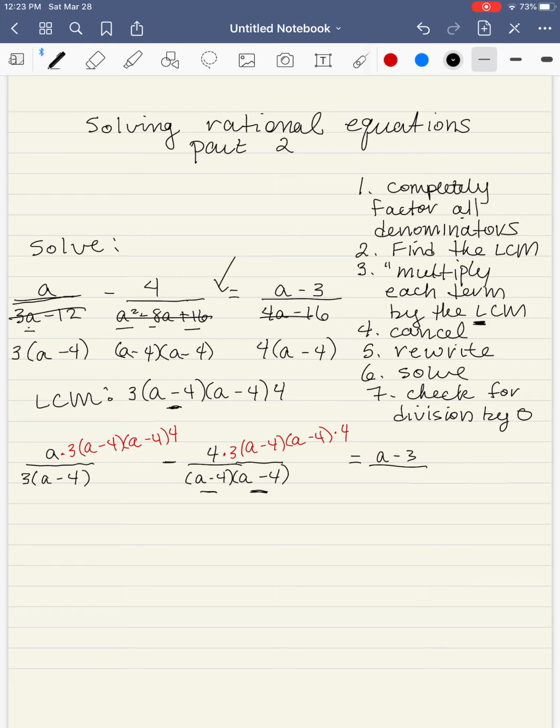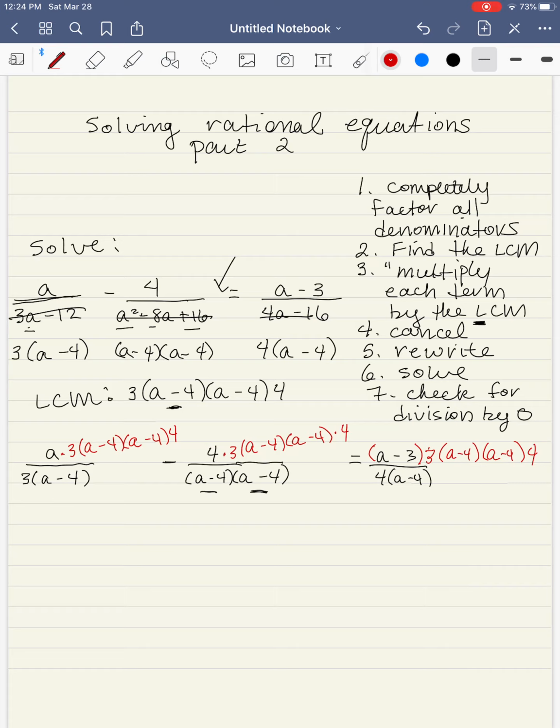I'm going to move it over a little bit, give myself some more room. All right, so I'm going to multiply, and remember that when we have a little polynomial like that, we have to put those parentheses to remember to distribute to both terms. So the a minus 3 is the one that was already there, and my LCM is times 3 times a minus 4 times a minus 4 times 4.